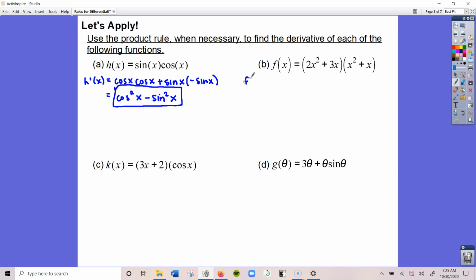So we have f prime of x would equal, find the derivative of the first, so 4x plus 3 times the second one we leave alone, so x squared plus x, plus, now we leave the first one alone, 2x squared plus 3x, and multiply by the derivative of the second, which is 2x plus 1. We're going to go ahead and distribute everything.